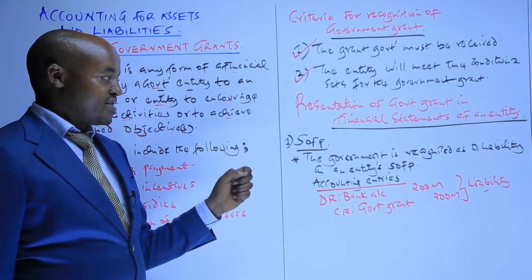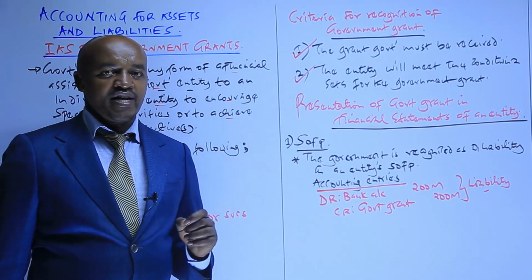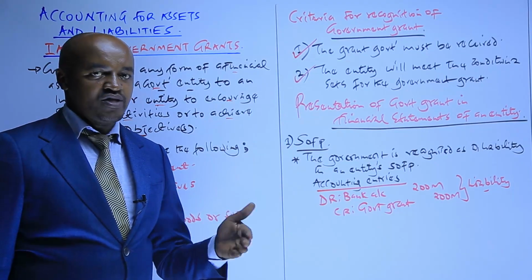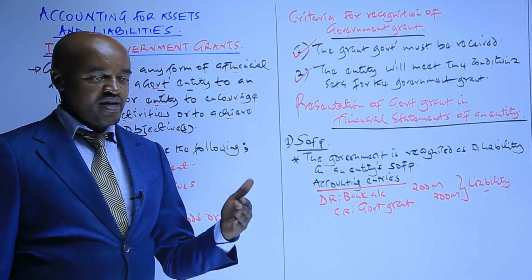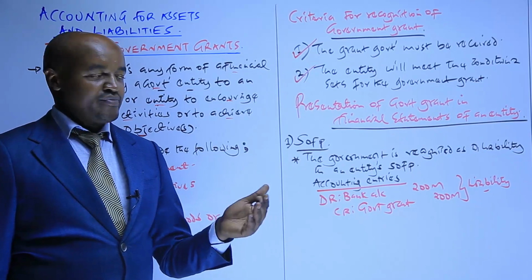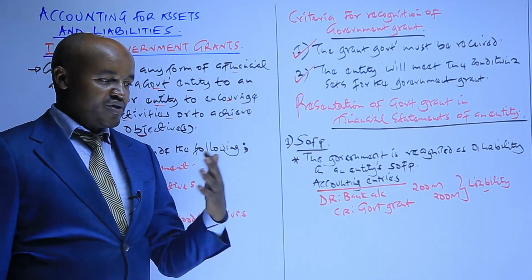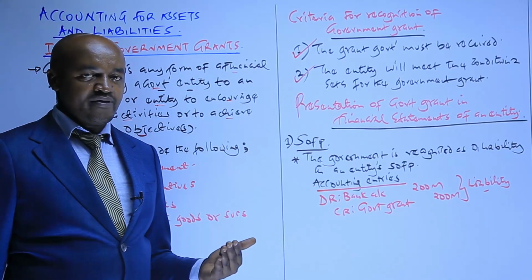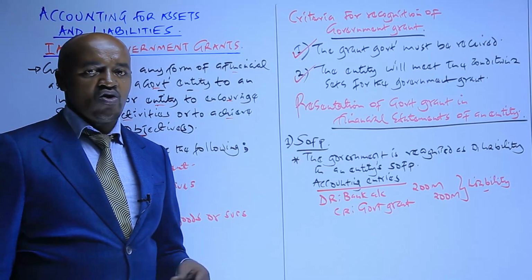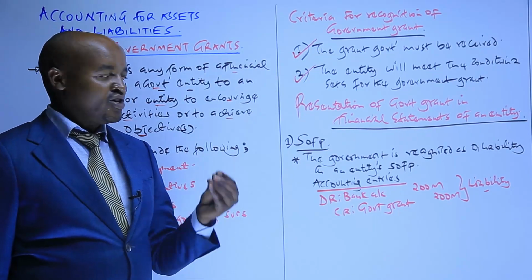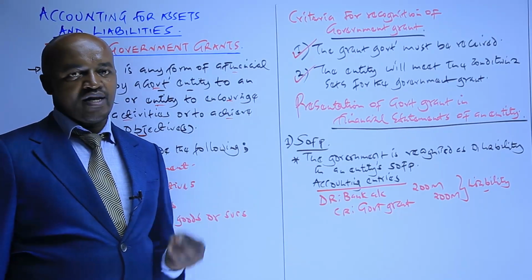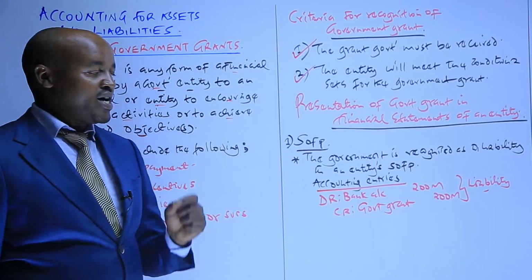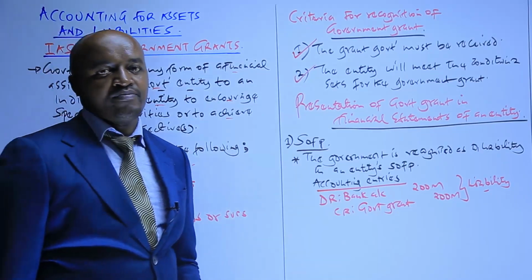If an organization has received 200 million and expects to undertake a project which will benefit the community, and expects to complete that project within the next 4 years, then this amount should be amortized over the next 4 years, or in other terms it is recognized on a systematic basis to match the costs to be incurred. The amount to be amortized in each financial year should then be recognized in the income statement as what?